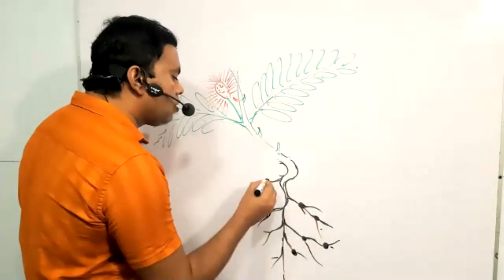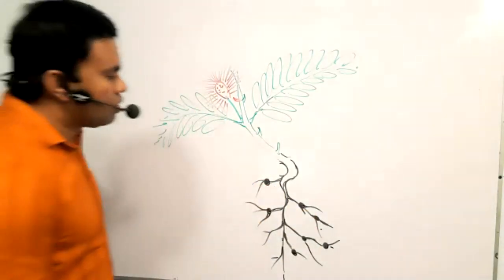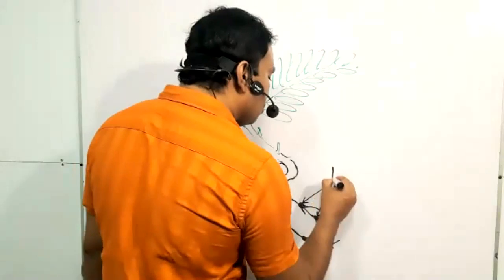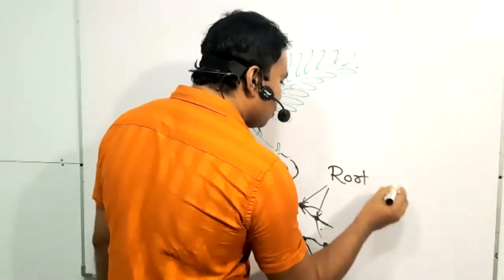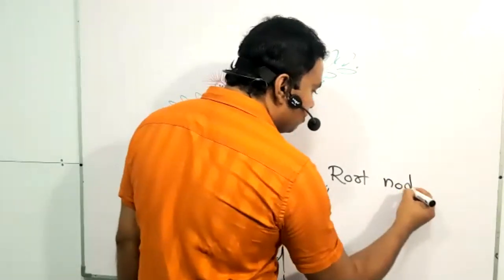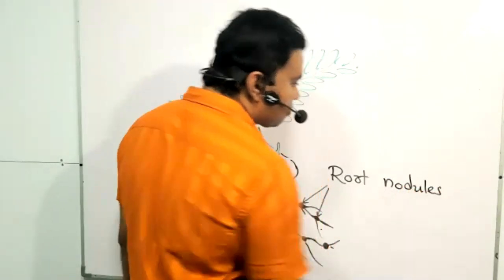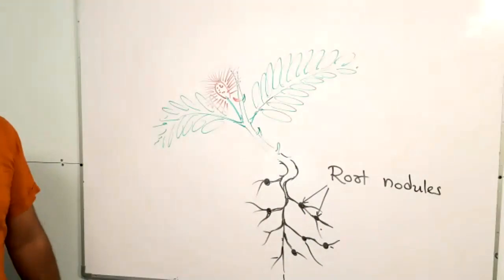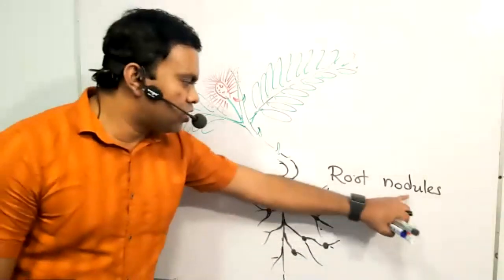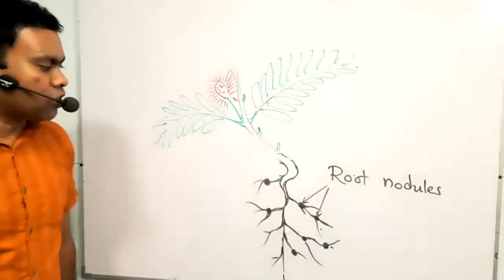So they are known as what? They are known as root nodules. Is that clear for you? Yes, sir. So they are known as root nodes or root nodules.